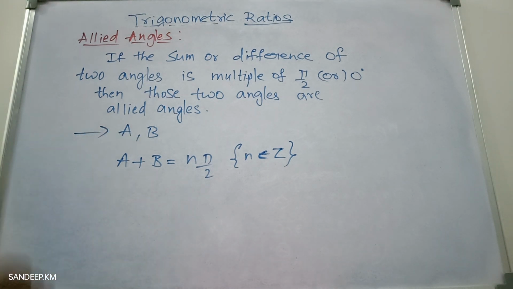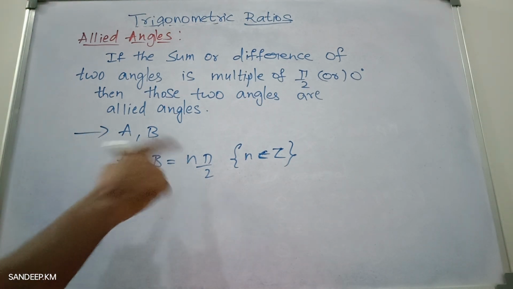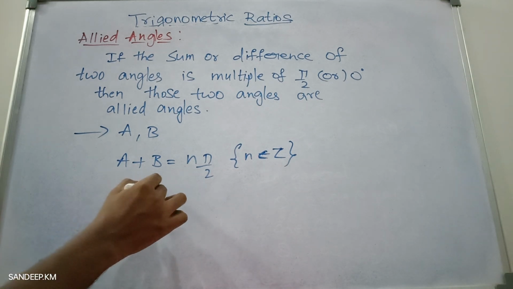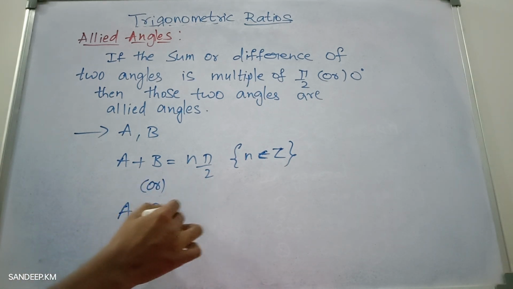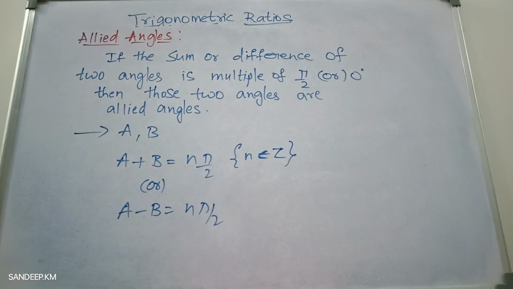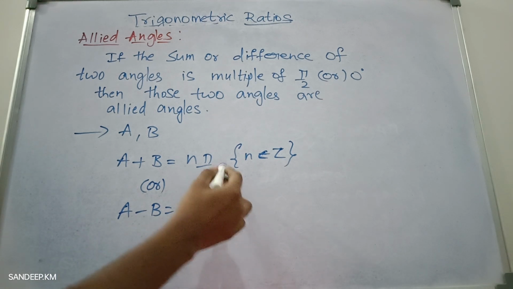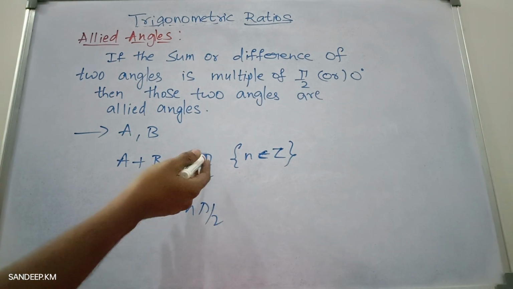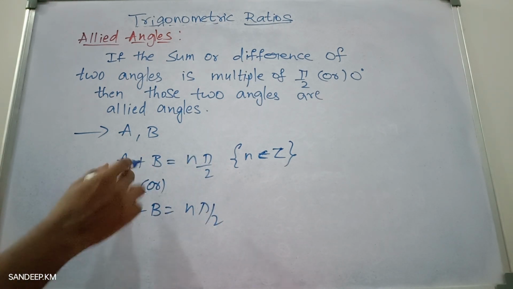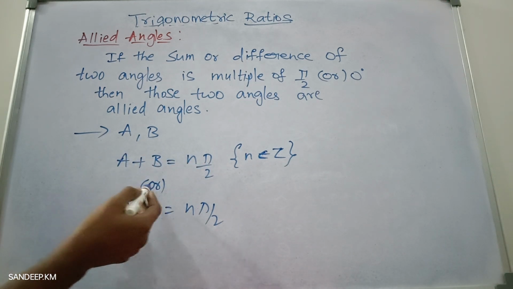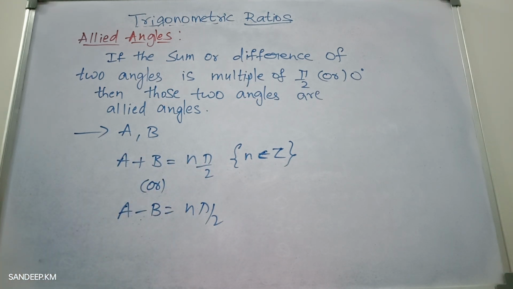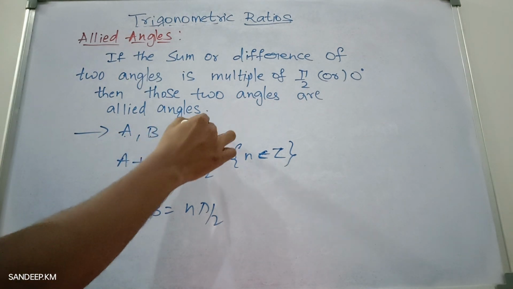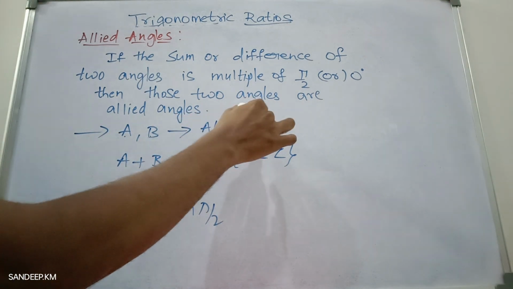So if I take two angles, either the sum of them must be a multiple of pi by 2 or the difference must be a multiple of pi by 2. It can be equal to 0 also. If you take n value as 0, you will get 0 only, right? So either sum must be a multiple of 90 degrees or the difference must be a multiple of 90 degrees. If that is the case, those two angles A and B are called as what angles? Allied angles.